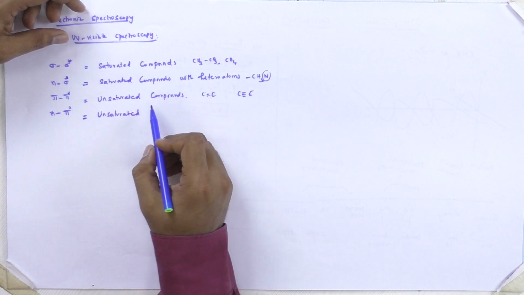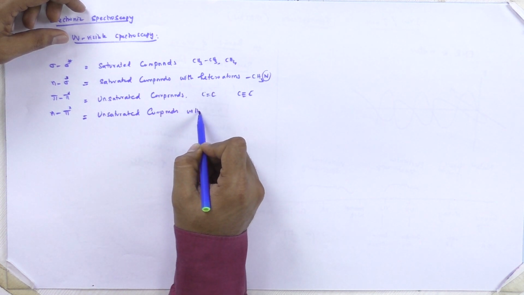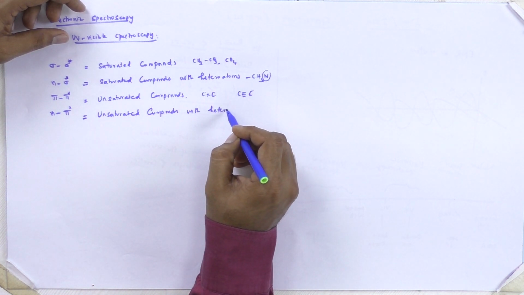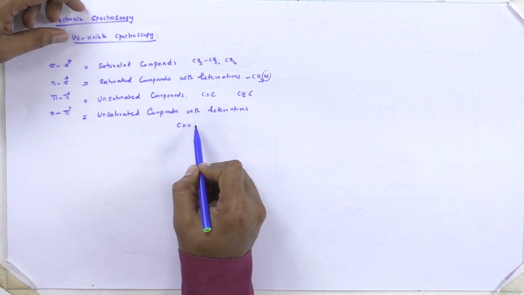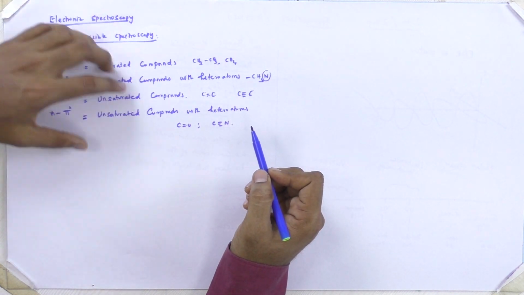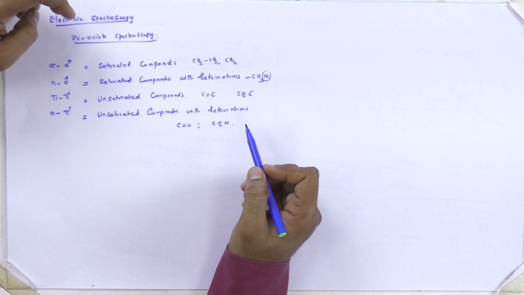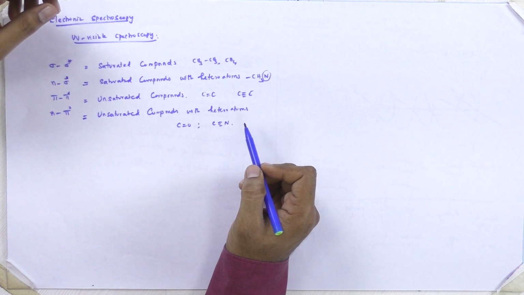It happens in unsaturated compounds with heteroatoms, like C double bond O, C triple bond N. These are the 4 important electronic transitions in compounds.